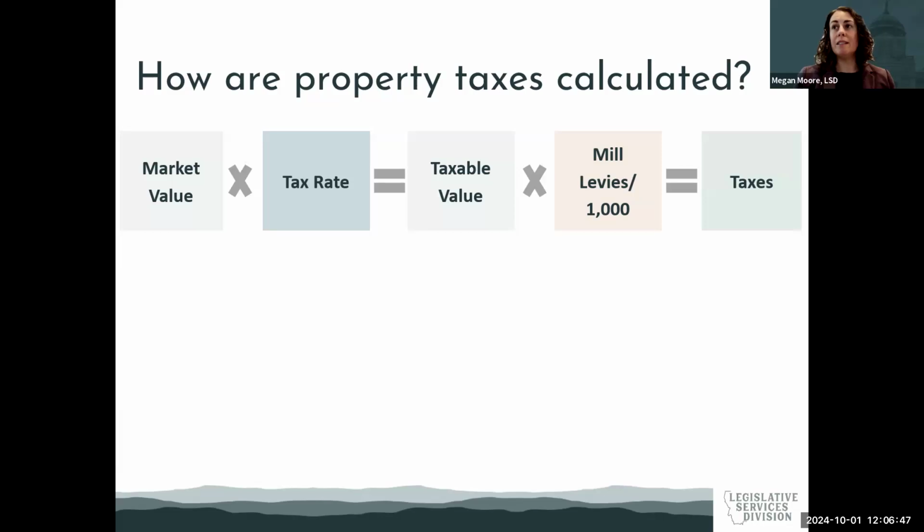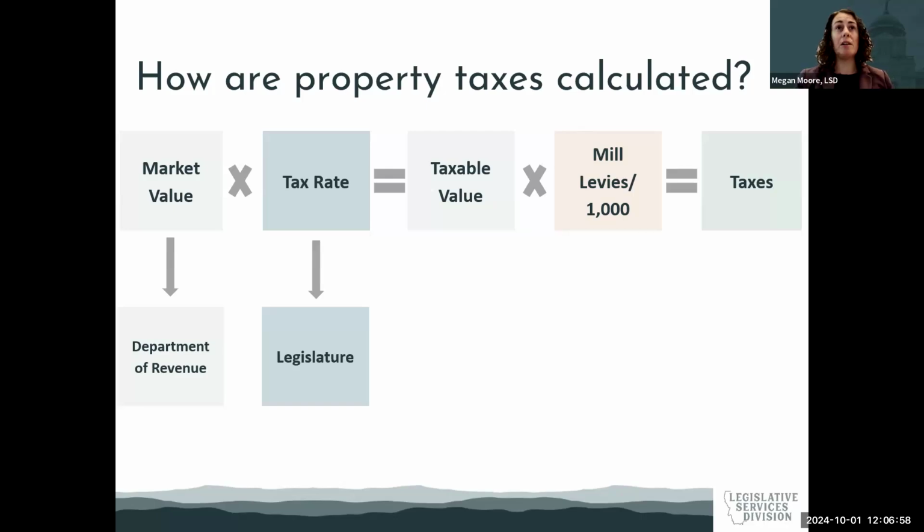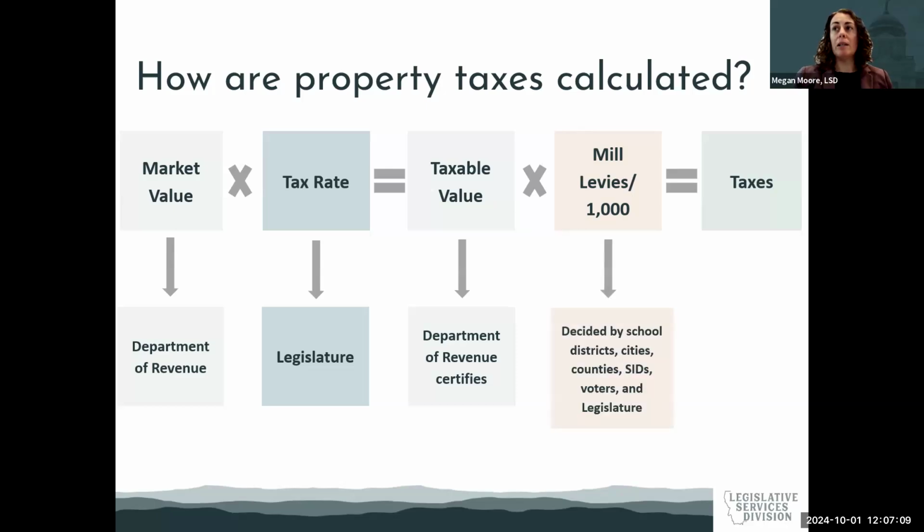Now, there are a number of entities who have a role in this process. Those are the Department of Revenue, which sets the market value of the property, the legislature, which sets the tax rates in state law. DOR also certifies the taxable value to the taxing jurisdictions within the state. And the mill levies are set by a number of entities, including school districts, cities, counties, special improvement districts, voters, and the legislature.